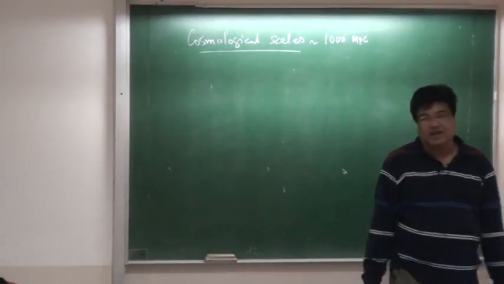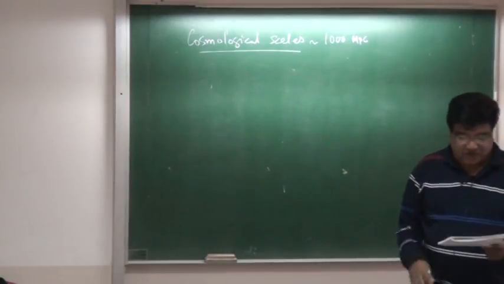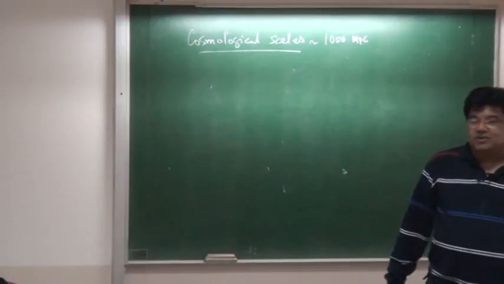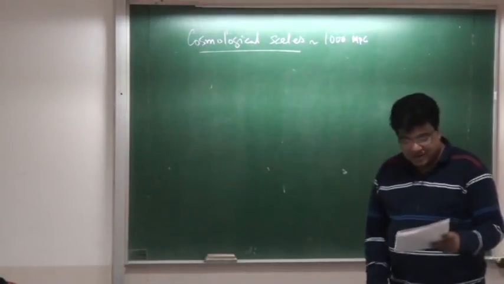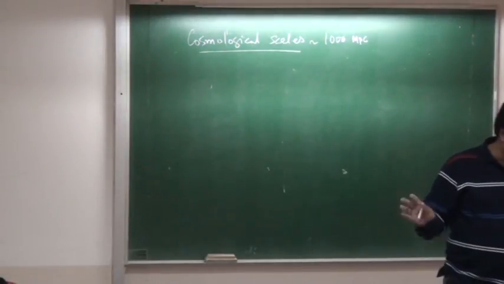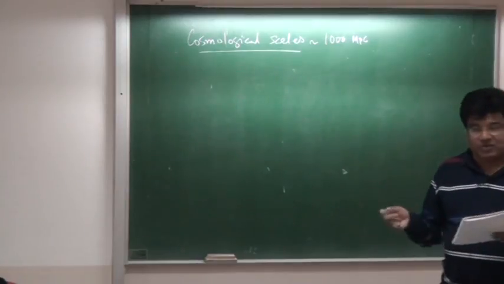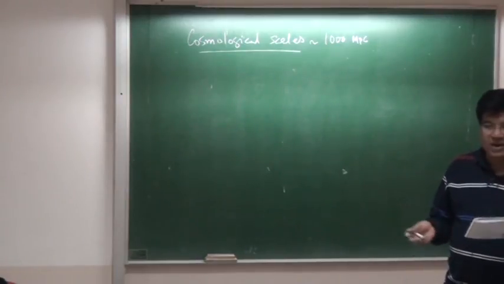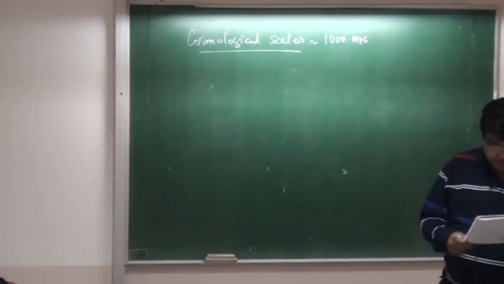At that scale, what is the distribution of dark matter, or is there dark matter? There is dark matter, and it's measured through the CMB, the microwave background. So what is the calculated number? That's what I'm going to calculate now.